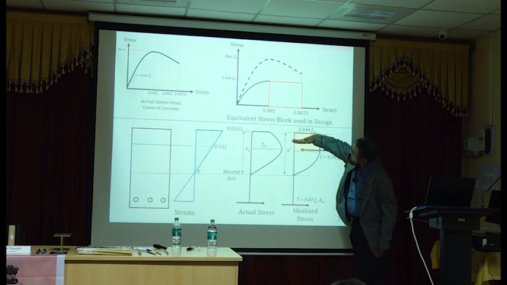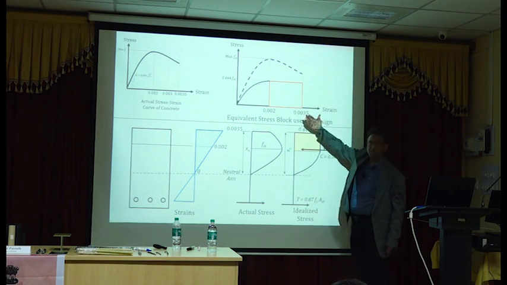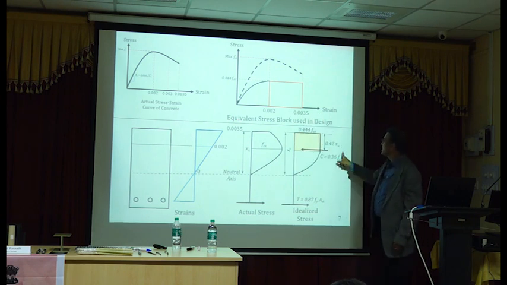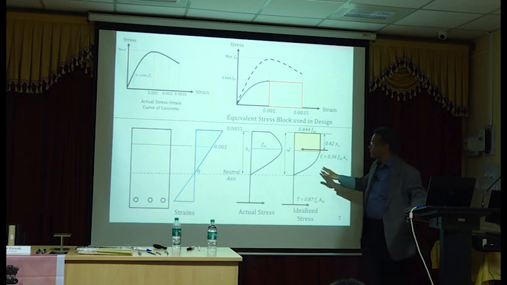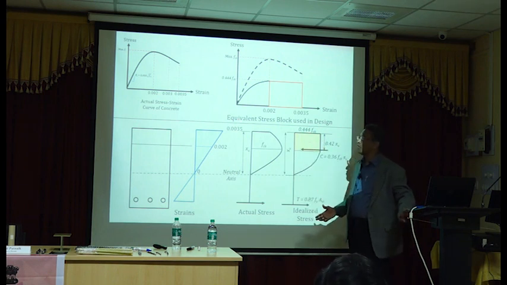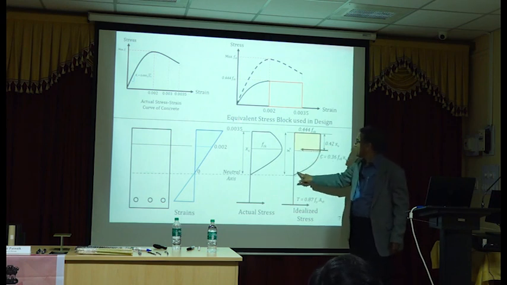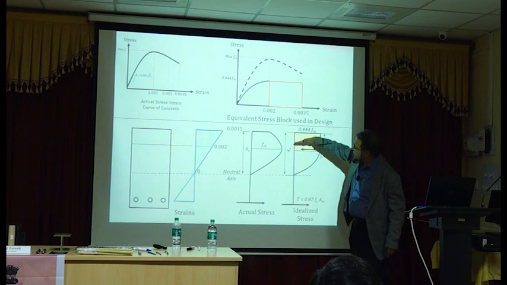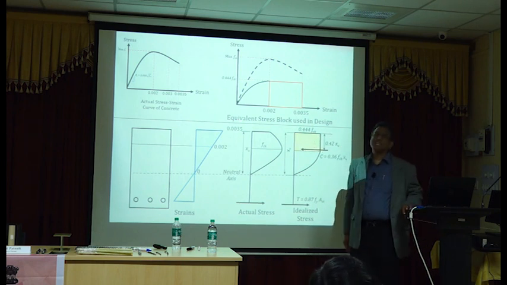My stress block may be up to here, up to here, up to here, or up to here, nobody knows, right? In which case this total compressive force of 0.36 FCK is not matching. You need to find out the corresponding area. If it is a uniform width section, if it is a rectangular section, you need to find out the corresponding area of the stress block up to that point, right? So that becomes a little bit tricky.